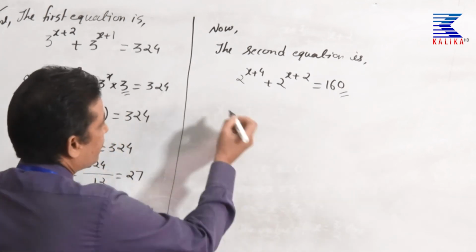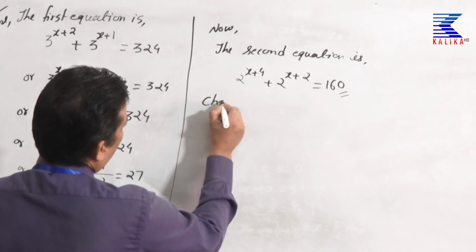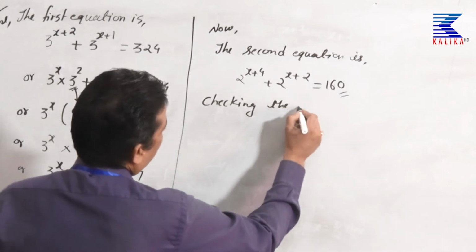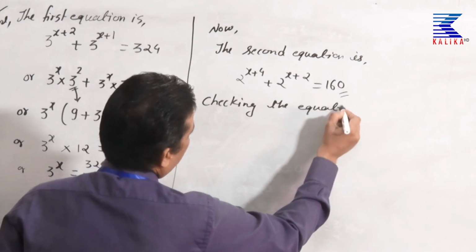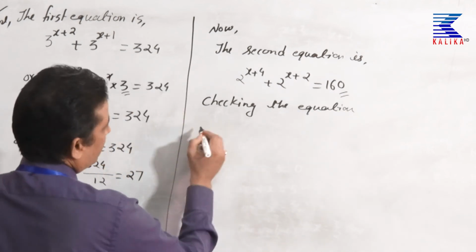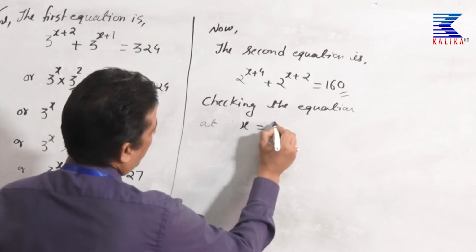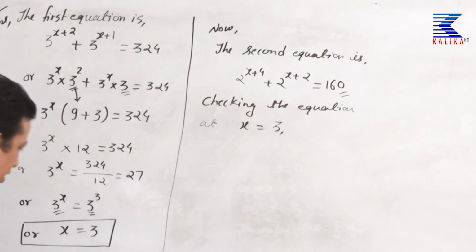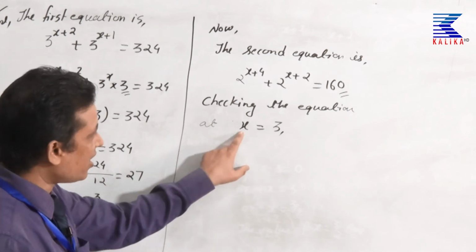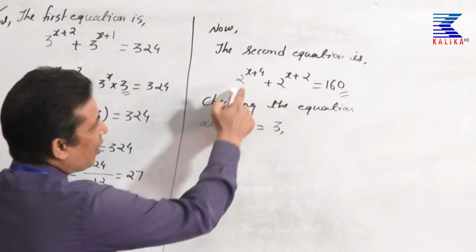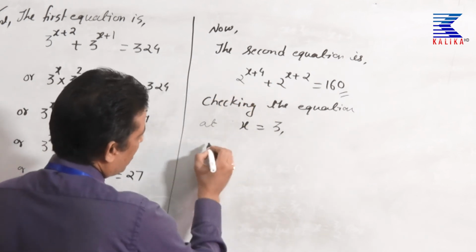Checking the equation at x equal to 3. From here we got the value of x, so we are going to check whether x equal to 3 satisfies the equation or not. I am putting the value x equal to 3 here.